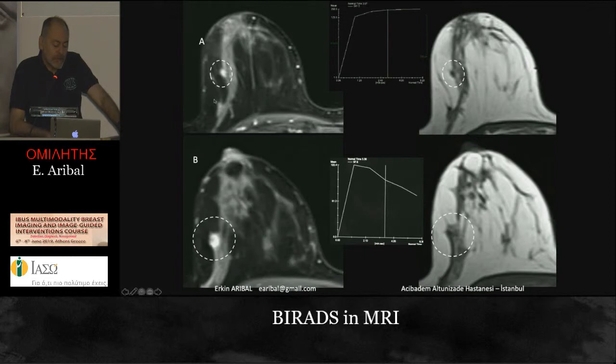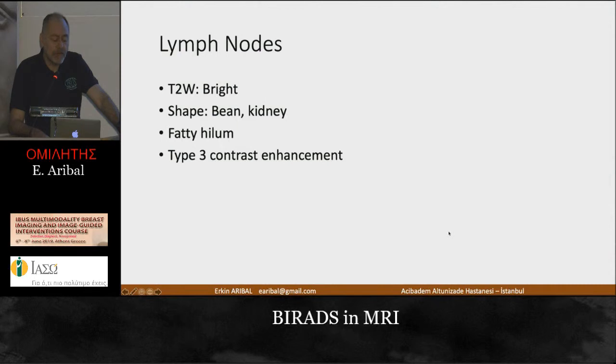look that there is something here, a black hole, and it is white on the T1 weighted images, which is the hilum of the lymph node. So lymph nodes show type 3 pattern of contrast enhancement, and they are bright in T2 weighted images.